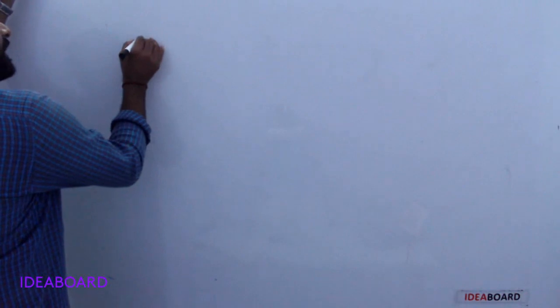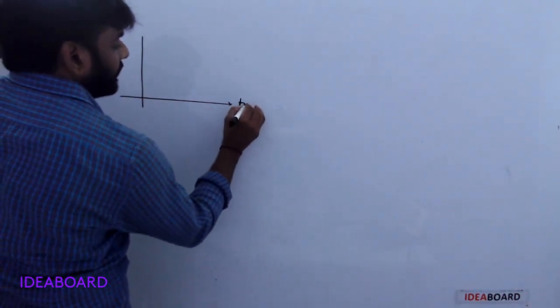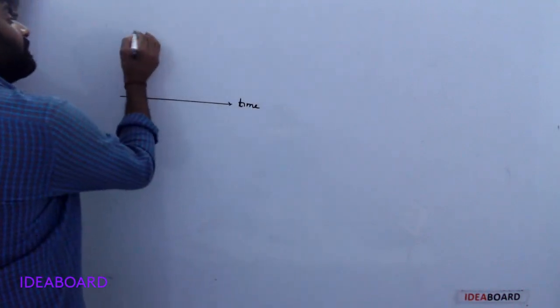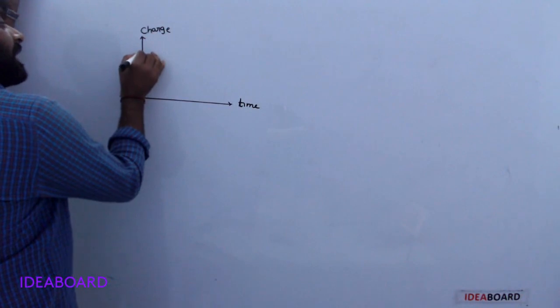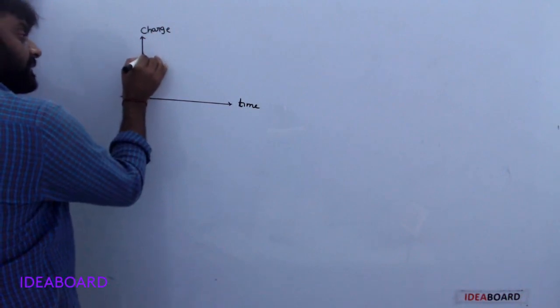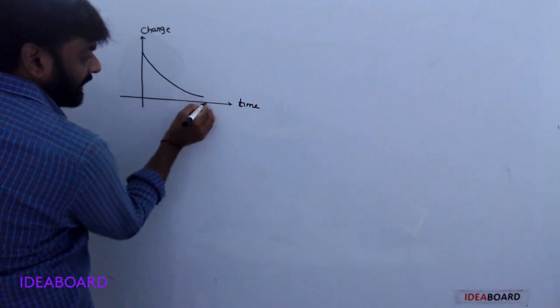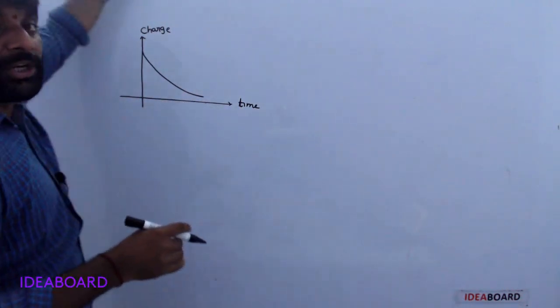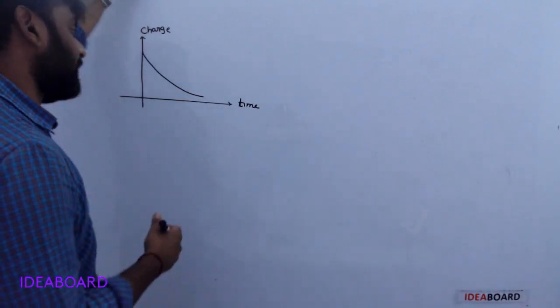Next, if we draw the graph, this one is time and this one is charge, in the exponential discharging case. Don't touch this line because at a time t equal to infinity, the charge is equal to 0.